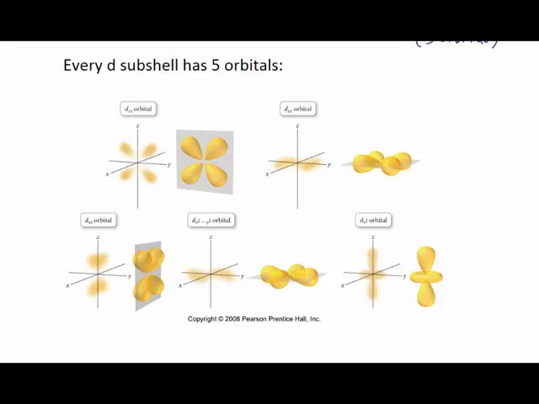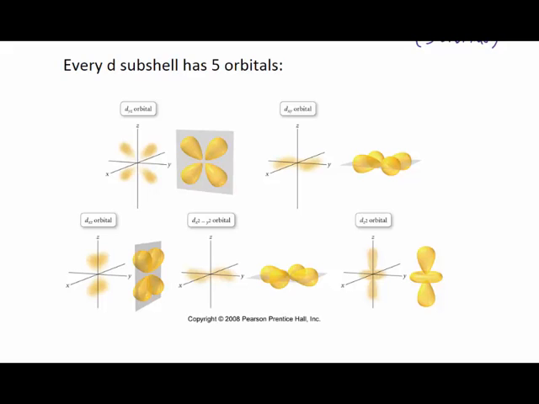Here are pictures of the 5 d orbitals in a d subshell. You have 3 of them that you would sort of expect, that have their two nodes along two of the coordinate axes. So dyz has a node along y and a node along z. dxy has nodes along x and y. dxz has nodes along x and z, as you would expect.